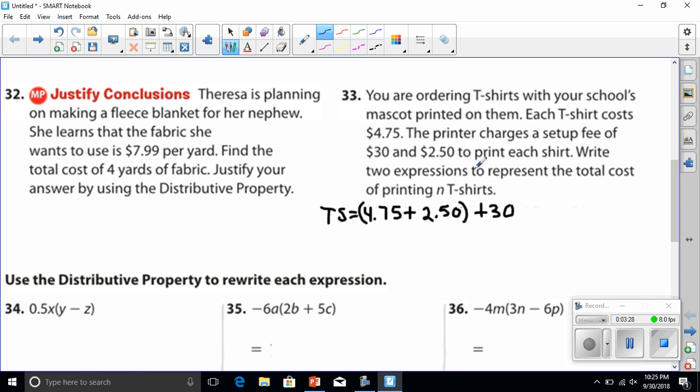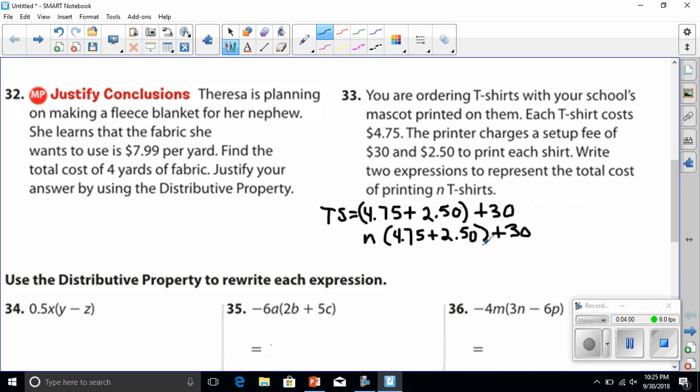Write two expressions to represent the total cost of printing a t-shirt. Well, we don't know how many t-shirts you're talking about yet. So I would say however number of t-shirts times 4.75 plus $2.50 plus $30 for the setup fee.